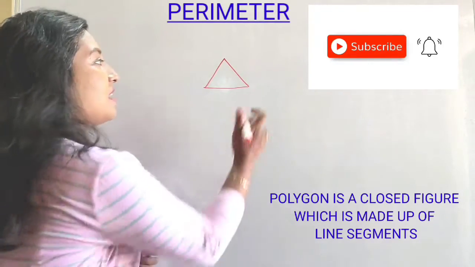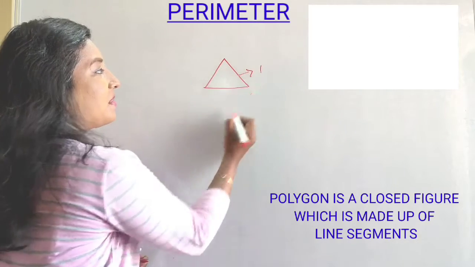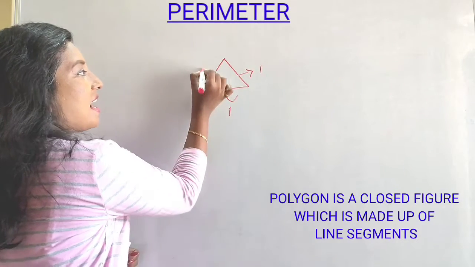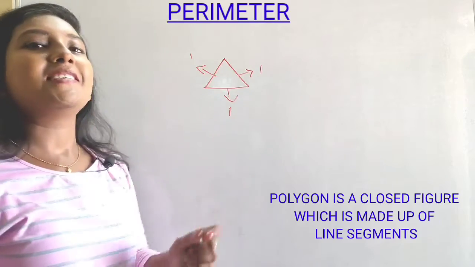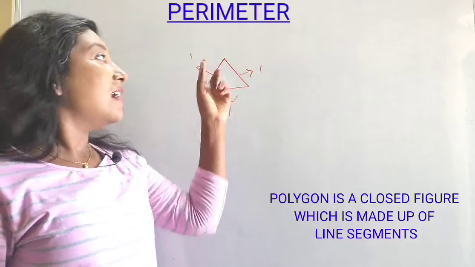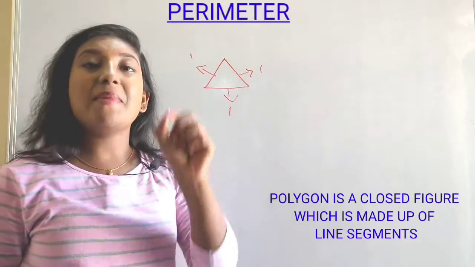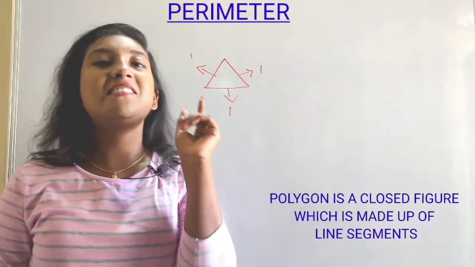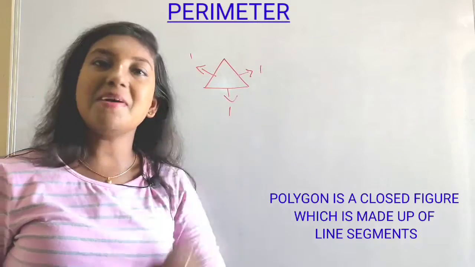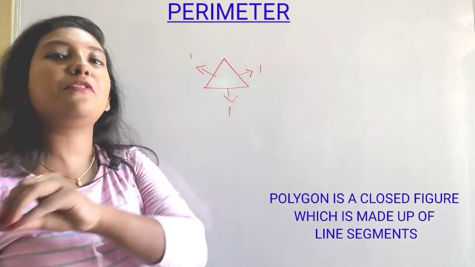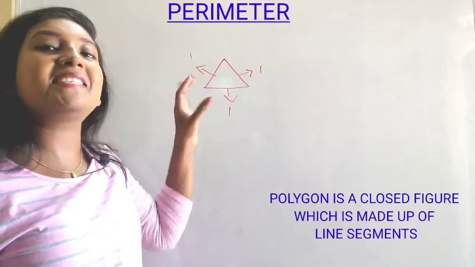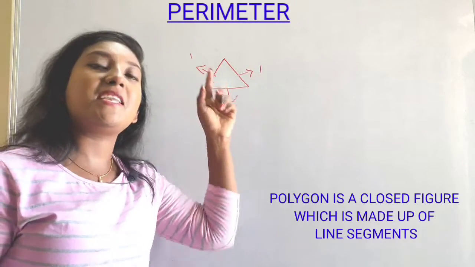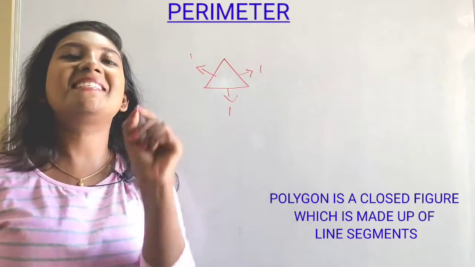If you observe, this is one line segment, this is one line segment and this is one line segment. So a polygon is a figure which is made up of line segments, and that figure must be a closed figure. If you observe, this figure is a closed figure and it is also made up of line segments.